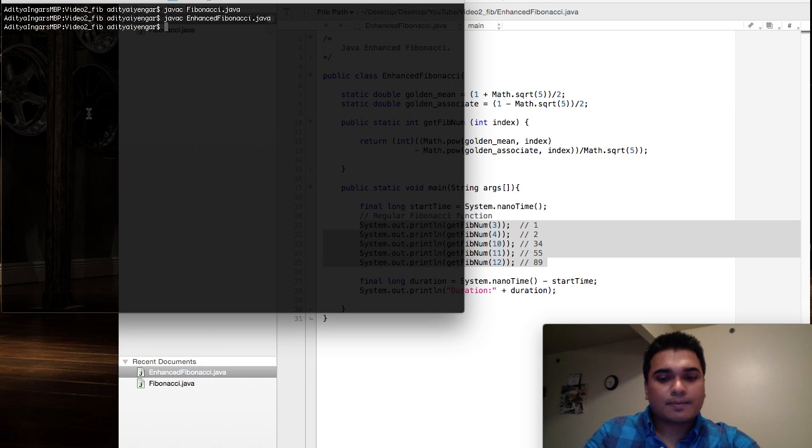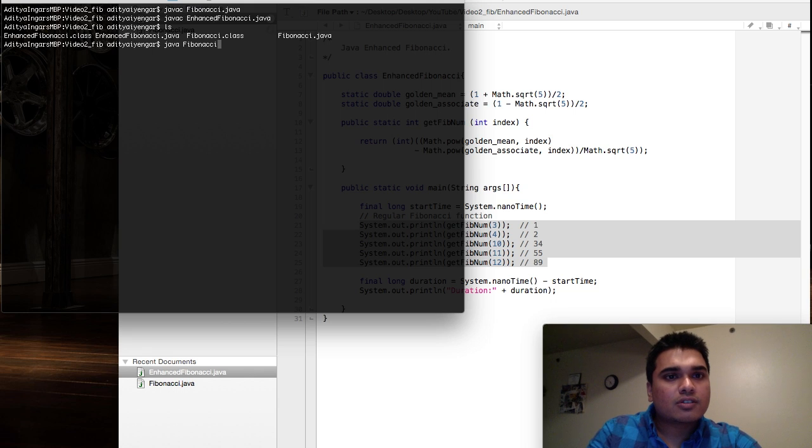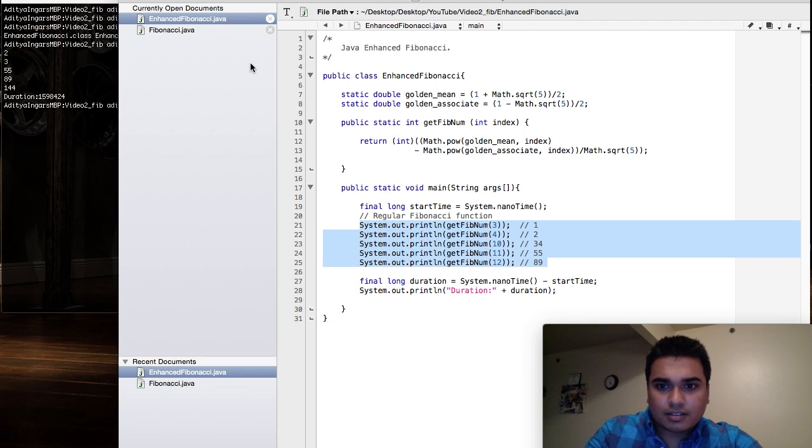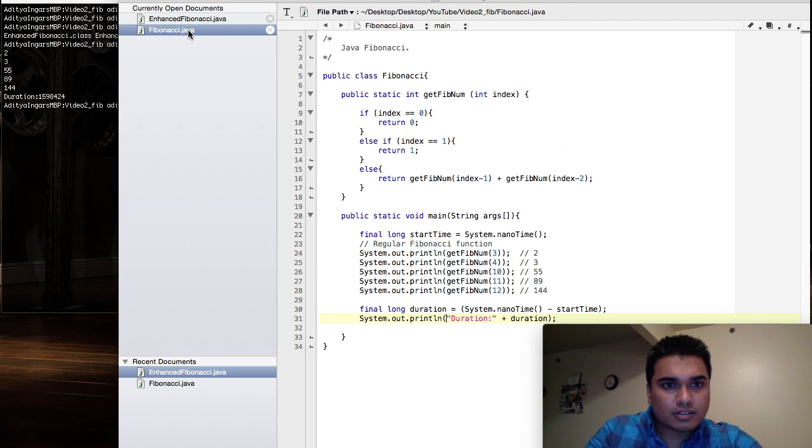I've compiled them already, and let's run the Fibonacci first. It's java Fibonacci. Yeah, they return the numbers that we expect: 2, 3, 55, 89, 144.